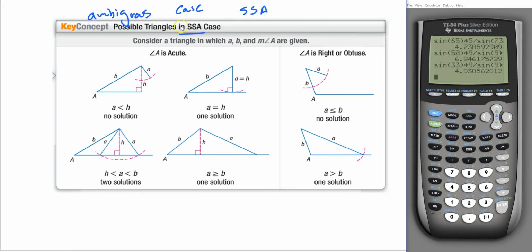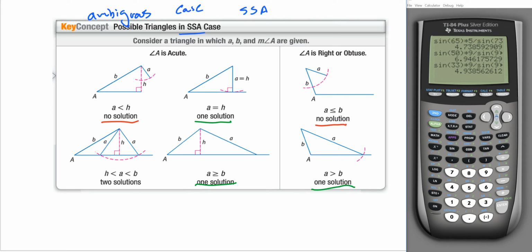You might have one triangle. As you can see here, there's only one triangle based on the stuff they gave me. So one triangle you can make. Also right here, and also right here. But sometimes, if they give you a side that's too small, then you can't even make a triangle. There's no solution. It's not possible.